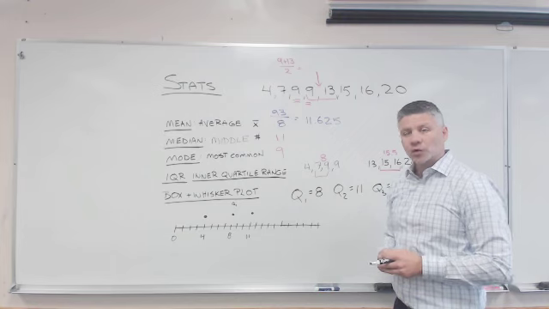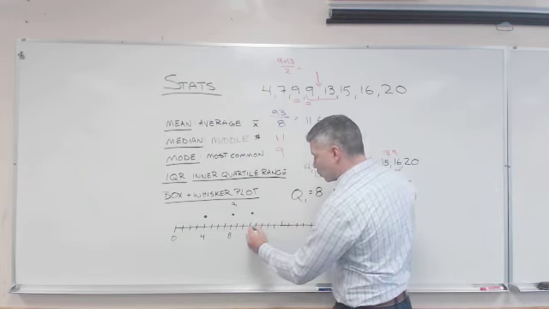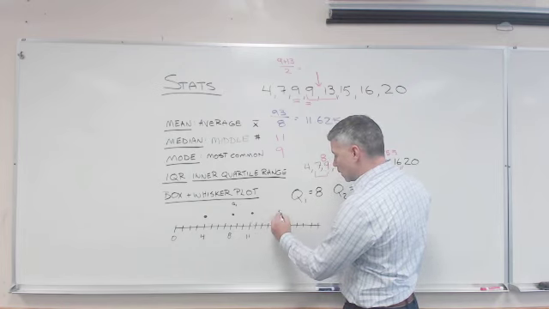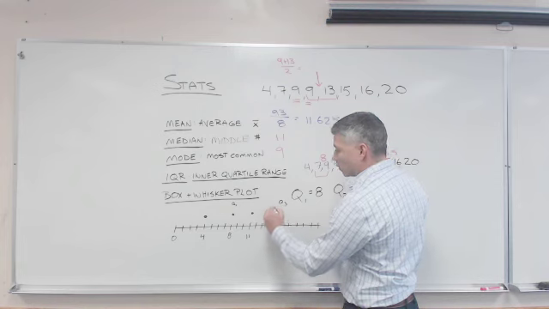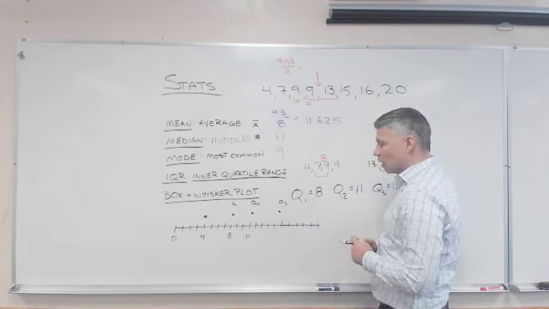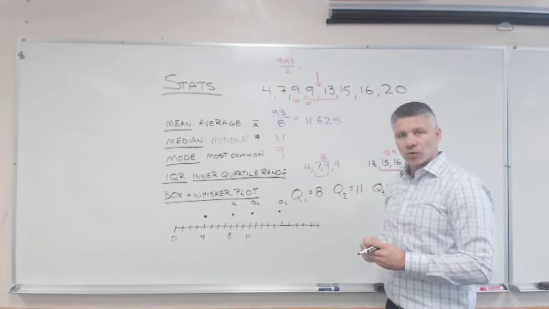The fourth number is Q3, 15.5: 12, 13, 14, 15 and a half. Q3. I'm sorry, I forgot to put a Q2 there for the median. And the last number is the maximum number.